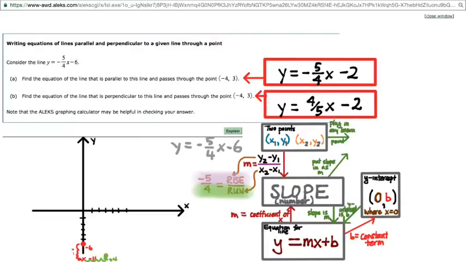I'm going to try and draw that a little bit more coherently here. So what we did is we went downwards by 5 units. I'll put that little arrow in there, so downward by 5. And then we went rightward by 4 units. Rightward by 4.